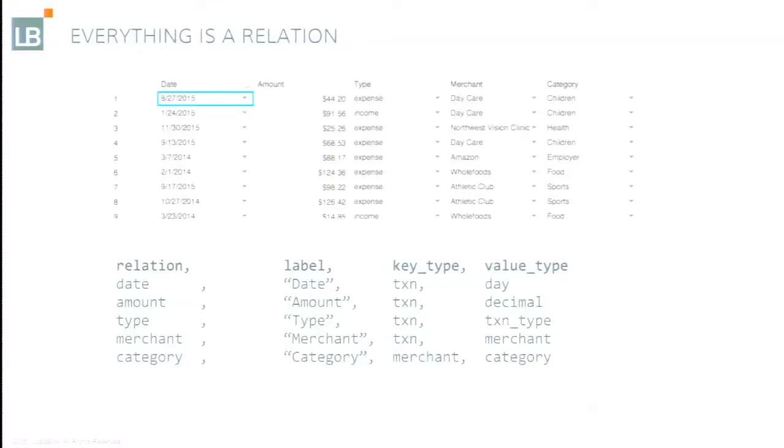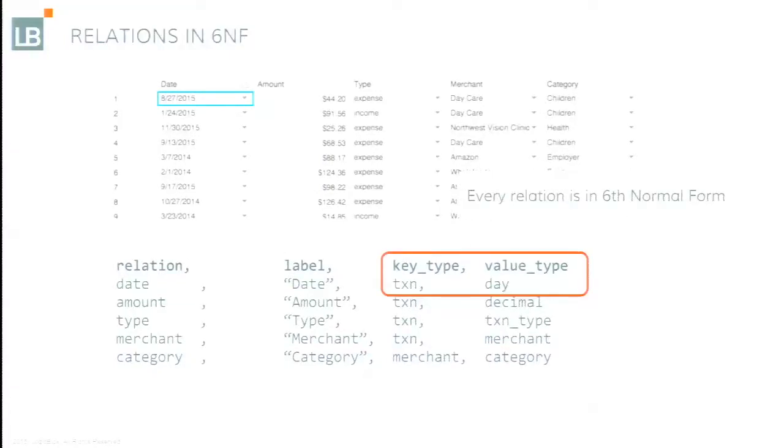And then I have things like transaction type and merchant and category. So 2 things to notice here. One is that every relation we have is in 6th normal form. I don't know if the audience is familiar with what that means. It means that in any given relation, there is no join dependency.